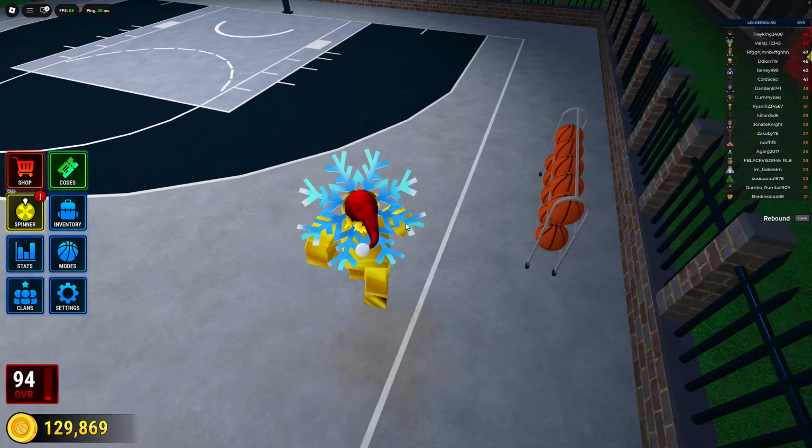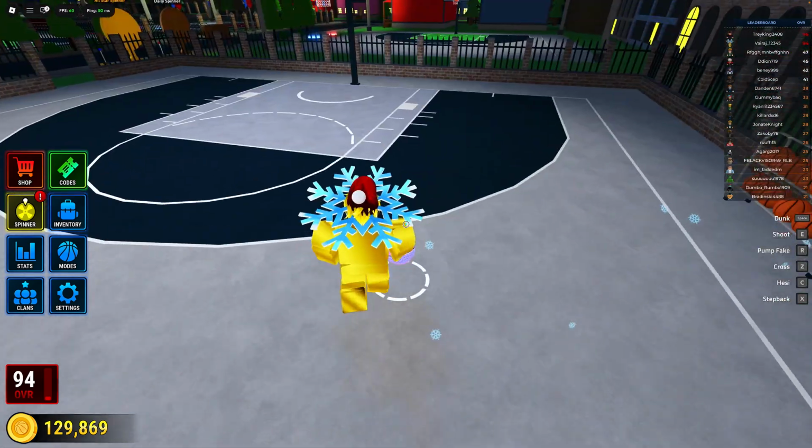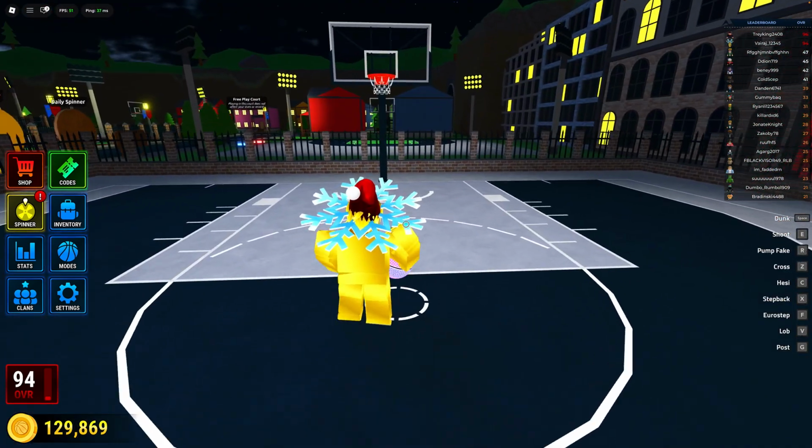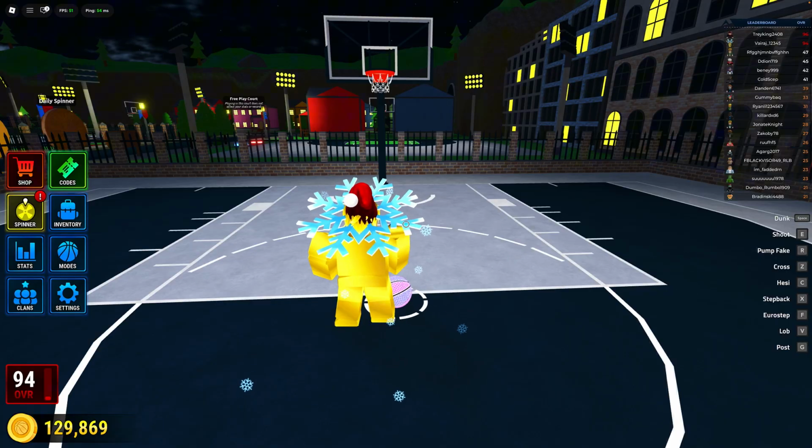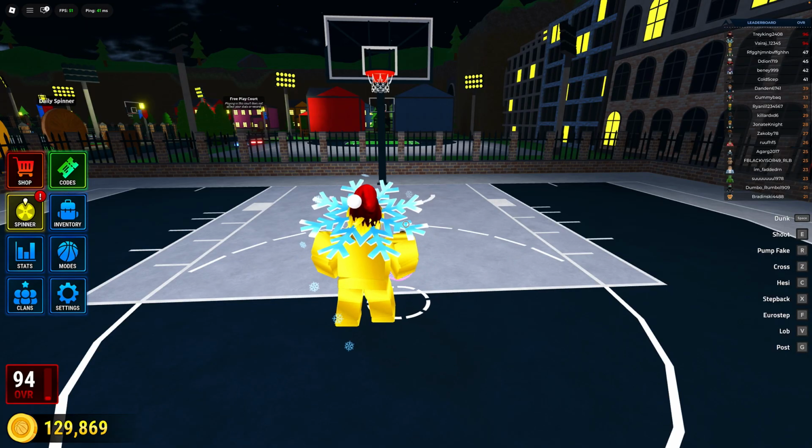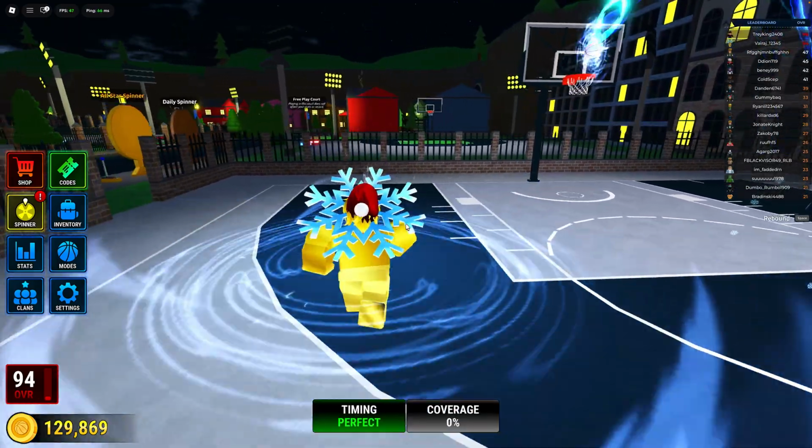So what you want to do is grab your ball again, and make sure you are holding for at least 500 to 800 milliseconds. This is how it should go, like that.